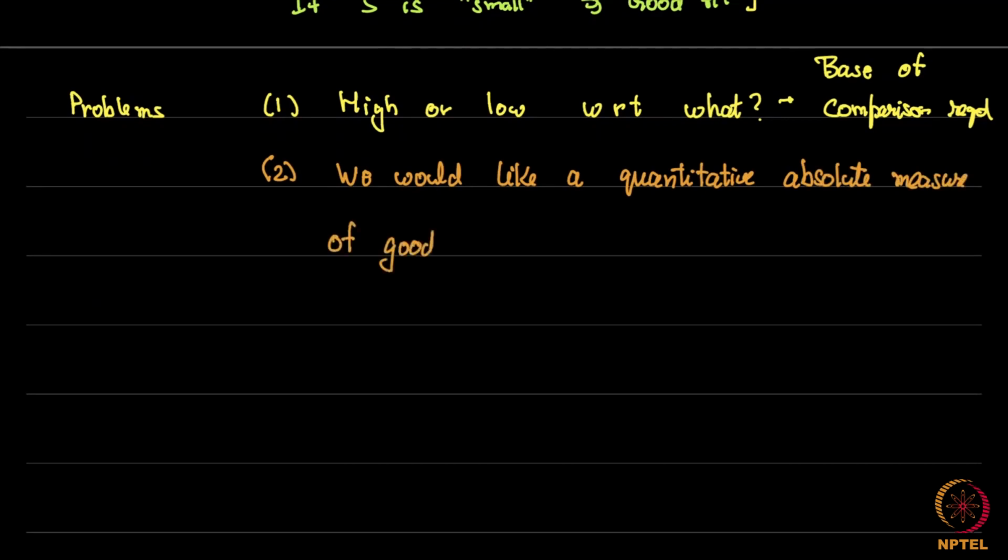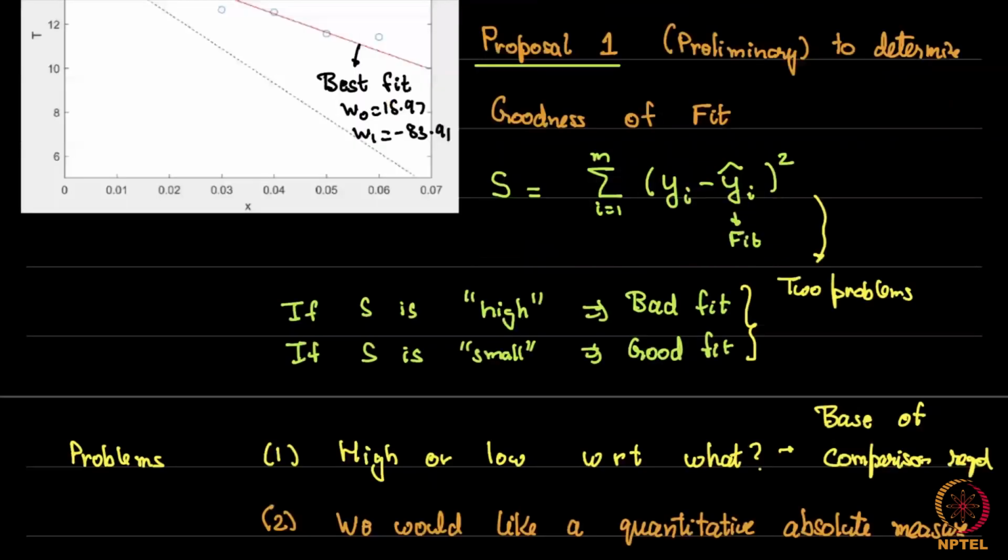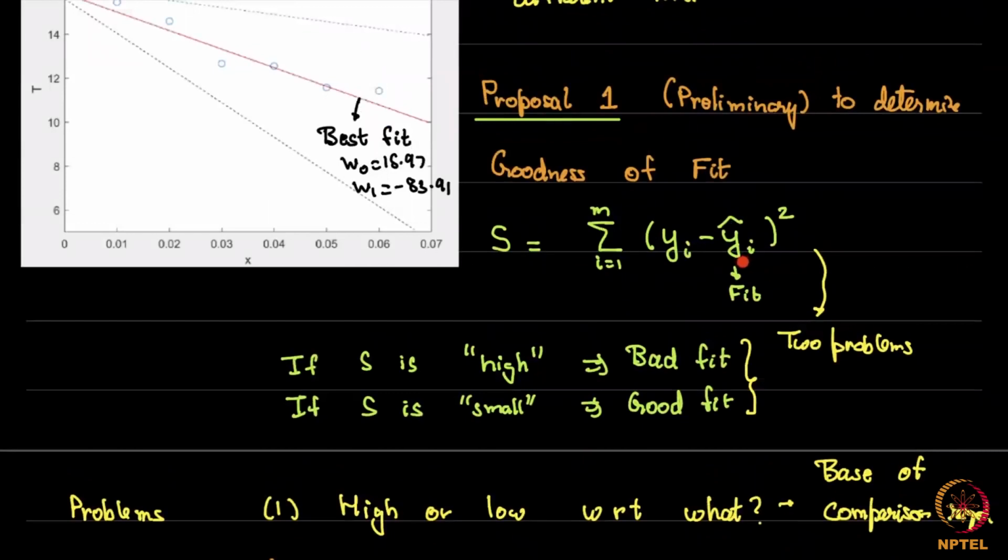For example, on a scale of 0 to 1 or a scale of 0 to 10, we are going to choose 0 to 1, and we can say that good is equal to 1 and bad is 0. These two problems turn out to be related, and if we use something of this sort, this will not satisfy it. For example, an excellent fit will be 0, but a bad fit will not be 1. It will become a very large number.